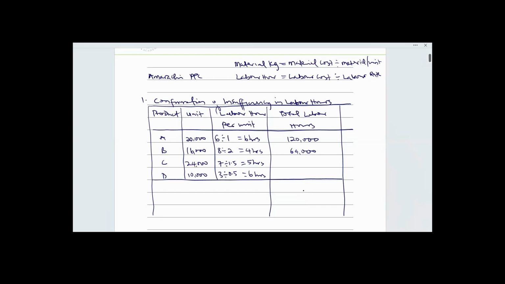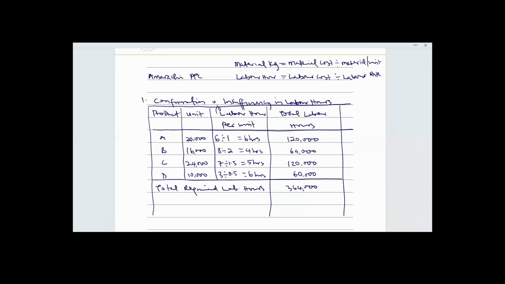I guess that's 120,000. 60,000. Therefore, add up 240, that's 364. Here's 364,000. This represents the total required labor hours.